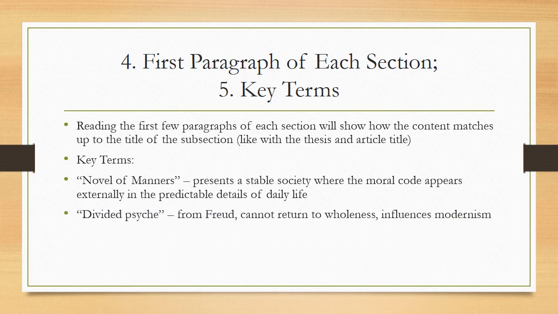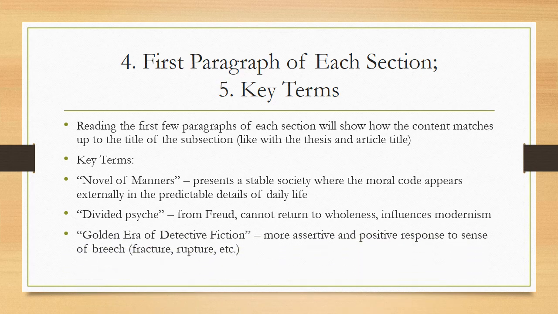There's also the term divided psyche, which comes from Sigmund Freud, and Sigmund Freud was very influential on those canonical modern writers like Faulkner and Woolf. And the key word there being divided, right? Because the modernists saw the world as fractured, whereas Christie saw it as whole. And so the author's showing this influence on modernism, how it came to develop the way it did.